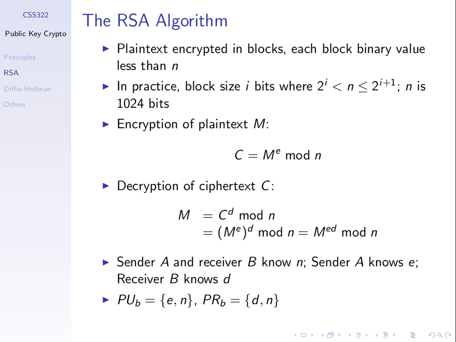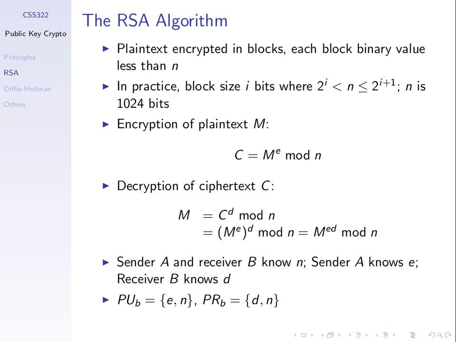If they are, E has a multiplicative inverse in the totient of n, and D too. If E is relatively prime with the totient of n, then so is D.